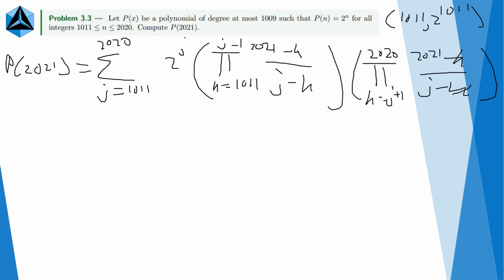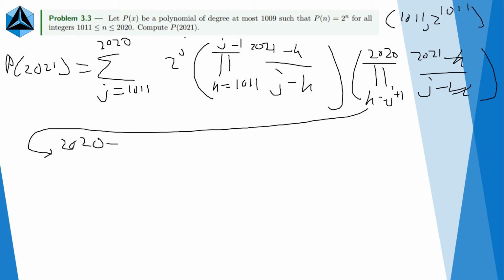Okay, wonderful. So this looks daunting, but we can handle each product separately. So let's start with the rightmost one. If we just write out some terms, the first one is (2020 minus j) divided by -1, times (2019 minus j) divided by -2, times dot dot dot.